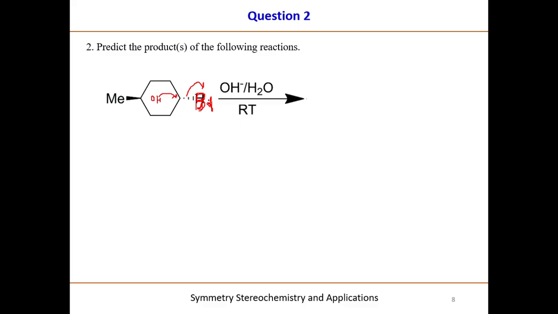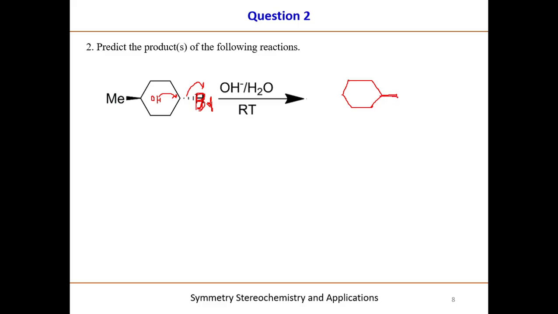Okay. So from the front side, as you can see here, Br is present on the back side of the plane, below the plane. So the front side is free and OH will attack from the front side. So what will be the product here? It is a stereospecific product, and we will get only one product by the SN2 mechanism.